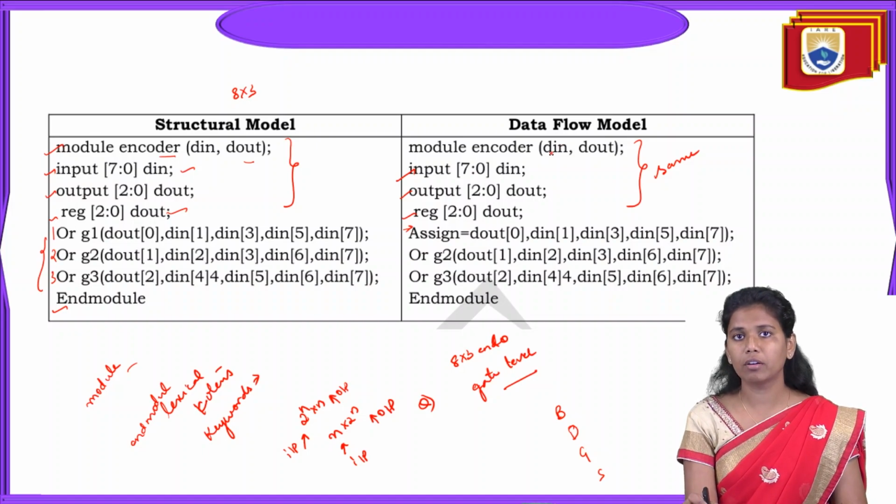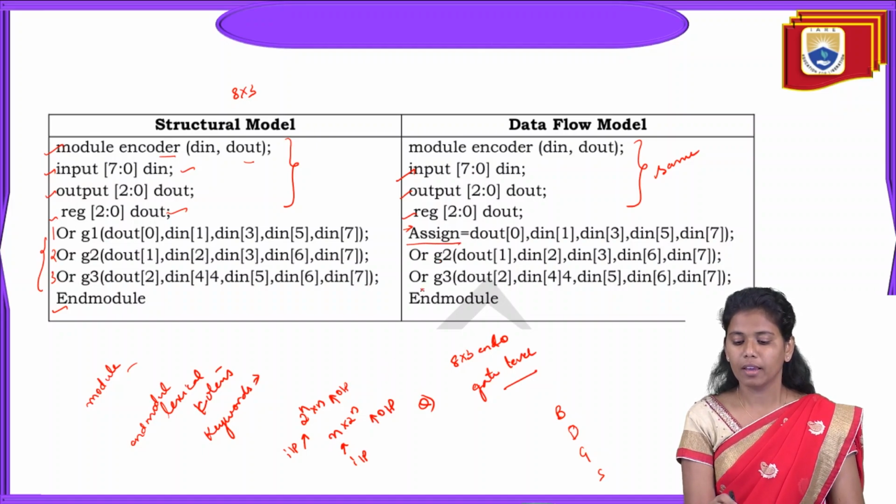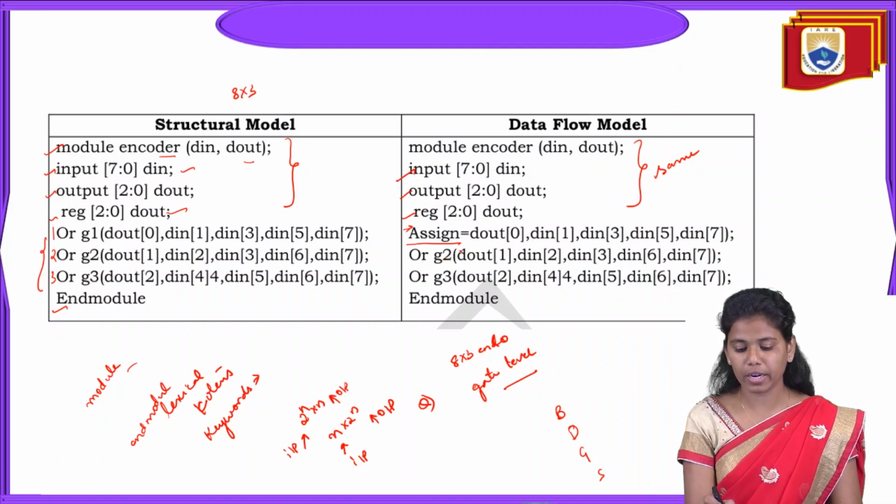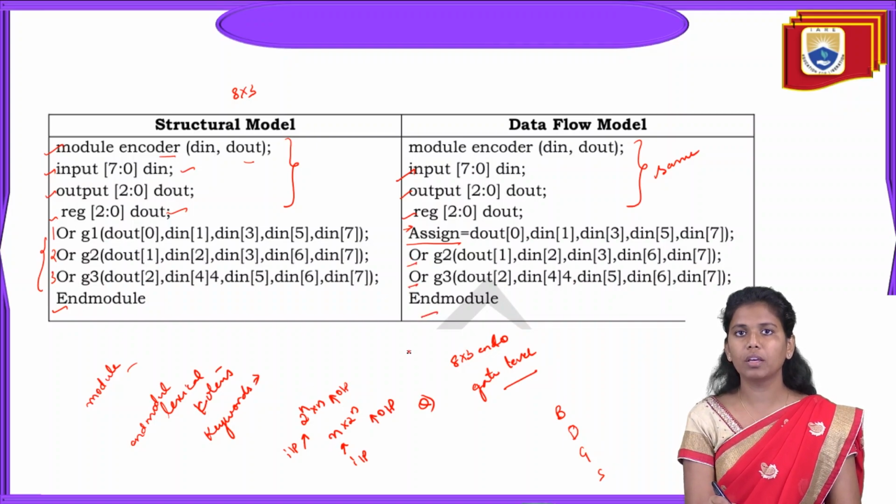Here, as we are writing our code in data flow modeling, we need to use a keyword called assign. Assign output 1, 2, 3, 5, 7, and this is what we are writing, and then the OR gates. Finally, ending with endmodule.